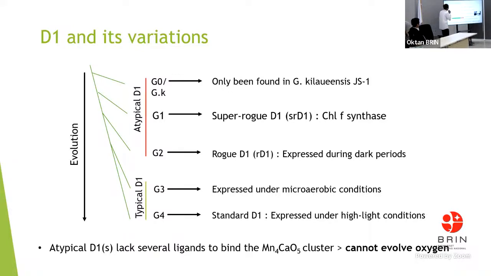Interestingly, one of the groups, group 1, is called chlorophyll f synthase. It is a variation of D1 protein that is important for producing chlorophyll f, which occurs in cyanobacteria only. The other types of D1 presumably have other functions, like group 2, which is expressed during dark, so it might be related to nitrogen-fixing cyanobacteria.